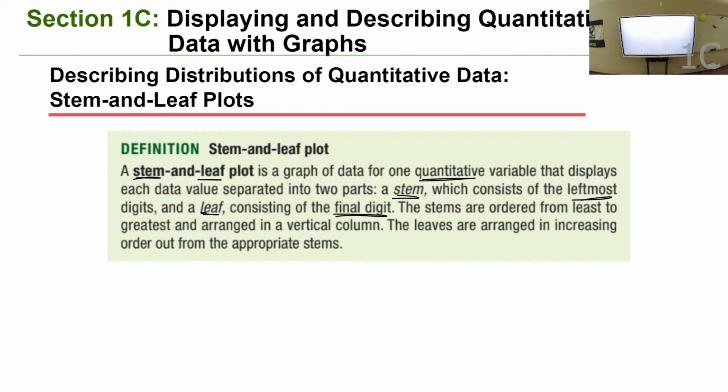Sometimes they remove a final digit. The stems are ordered from least to greatest and arranged in a vertical column. And then the leaves are arranged in increasing order. One of those things where the definition is worse than a picture.